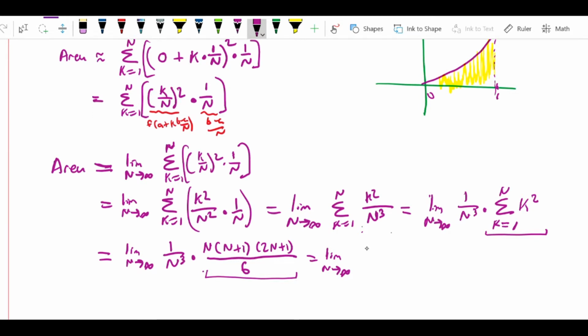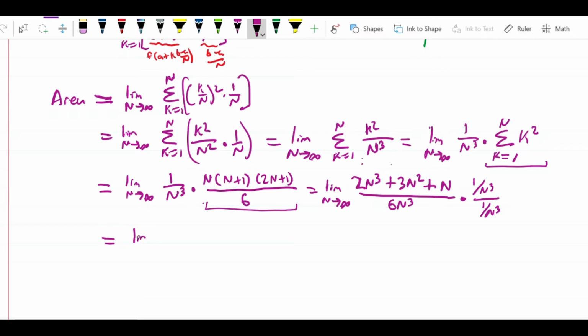I'm going to do this in my head, so that's going to be 2n cubed plus 3n squared plus n over 6n cubed. And I'm going to multiply this by 1 over n cubed over 1 over n cubed.